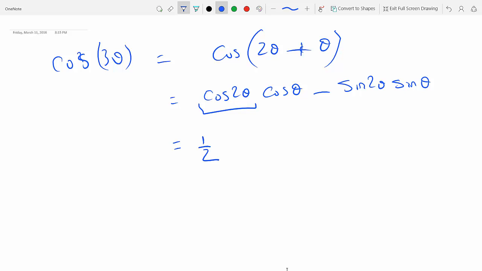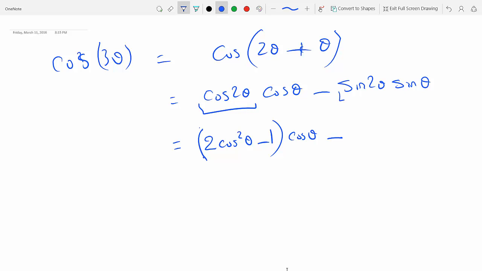Now there's another trig identity that says cosine 2 theta is 2 cosine squared theta minus 1. So this is cosine 2 theta times cosine theta, minus.